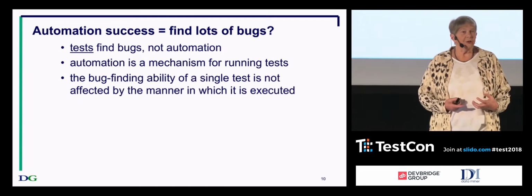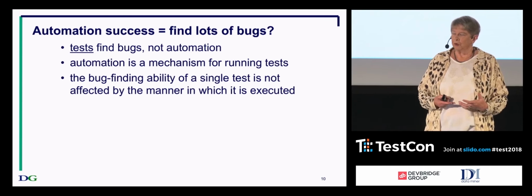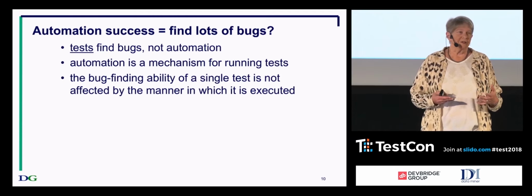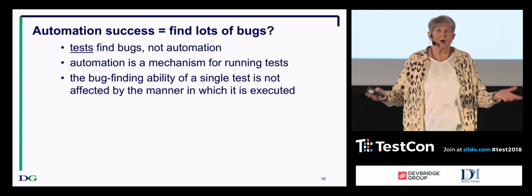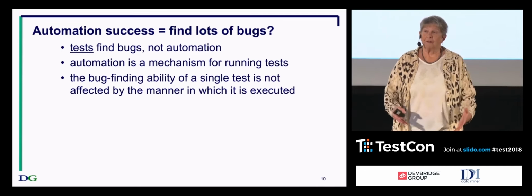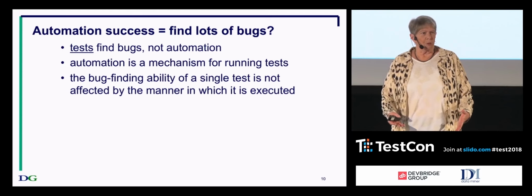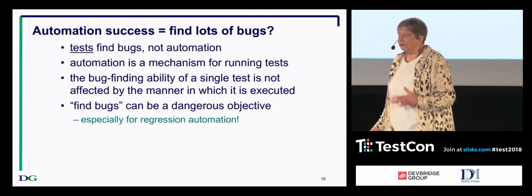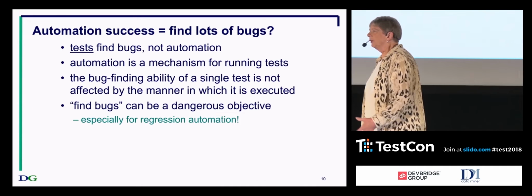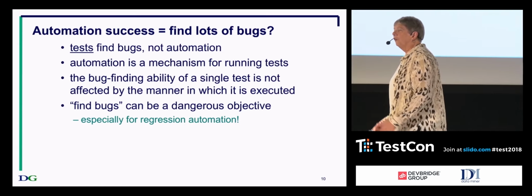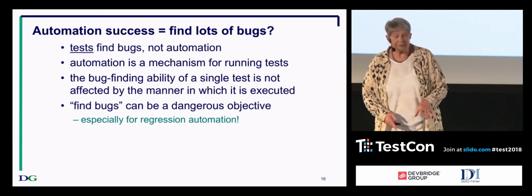And any single test, whether that test is automated or manual, the bug-finding ability of that test is roughly the same. Automating it does not make it better at finding bugs. It may make it worse, actually.